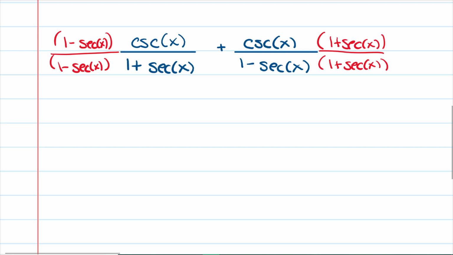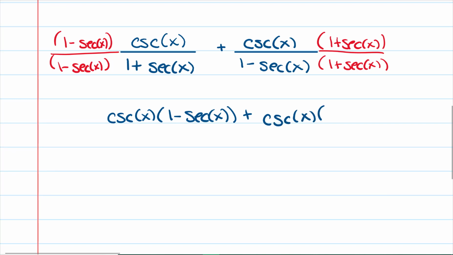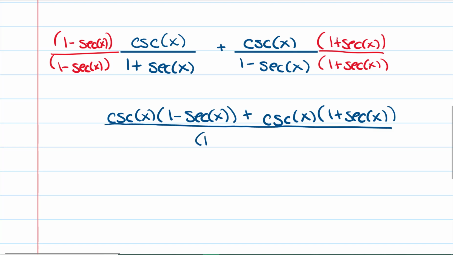I'm going to write this as cosecant of x times 1 minus secant. And because I know I'm going to get common denominators, I'm going to write it as one fraction. And then all divided by 1 minus secant of x and 1 plus secant of x.